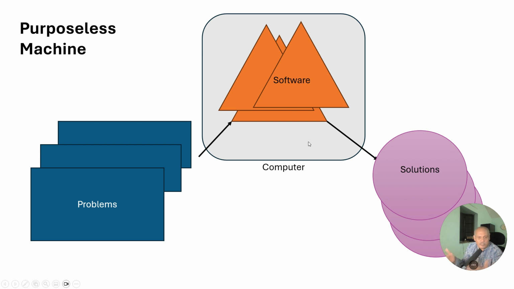Effectively, a computer is purposeless if you don't give it a software, right? It's a very crazy invention. We earlier had purposeful inventions. Now we are talking about a purposeless machine, which takes up the coloring of whatever software you give, and takes up the capabilities which somebody who wrote the software thought it should have.